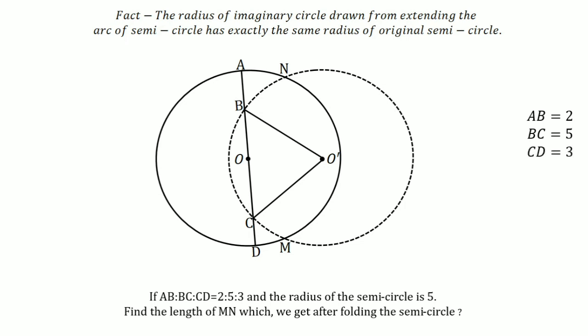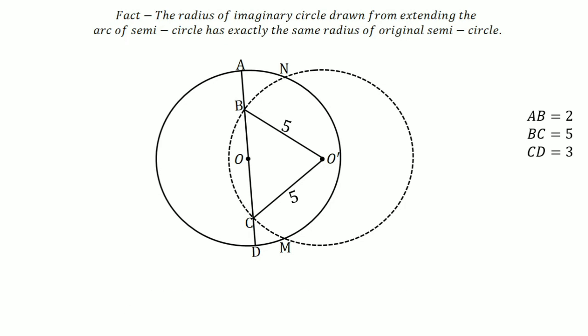Now we know that the radius of the other circle is 5, so these lines are 5, and OC plus OB is equal to 5, after subtracting CD and AB from AD. Now triangle BCO' is an equilateral triangle, so this angle is equal to 60 degrees.